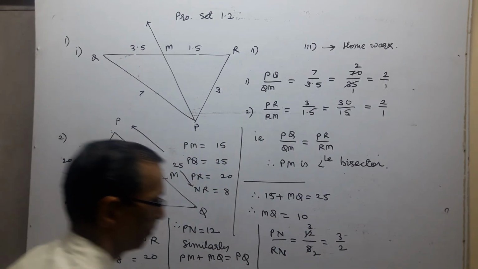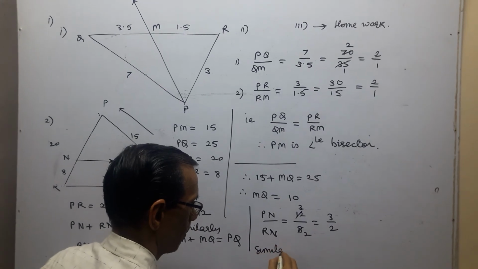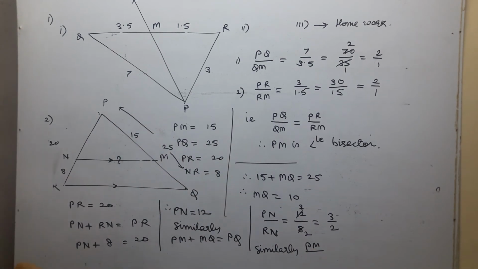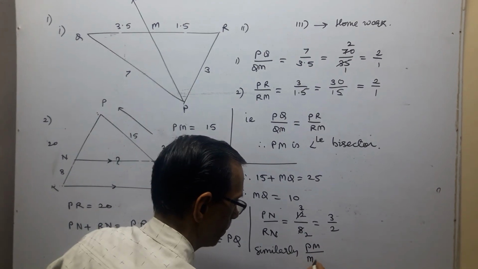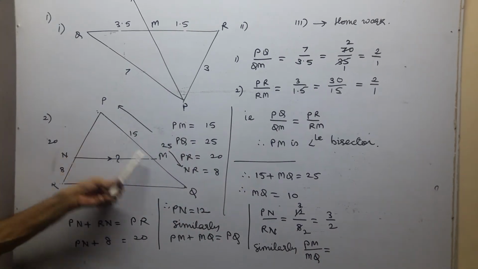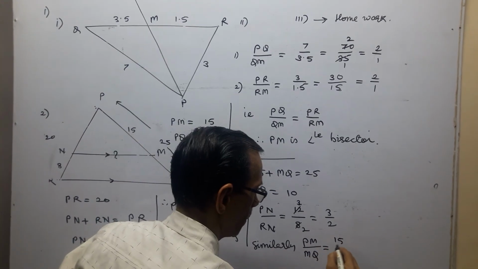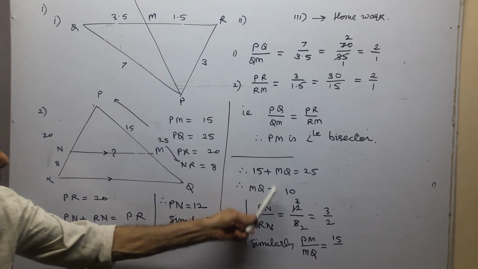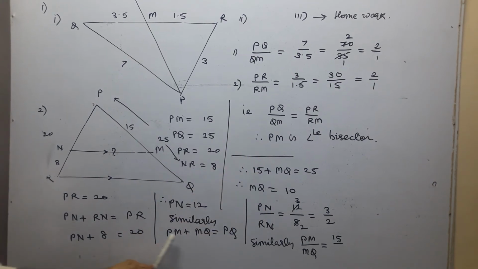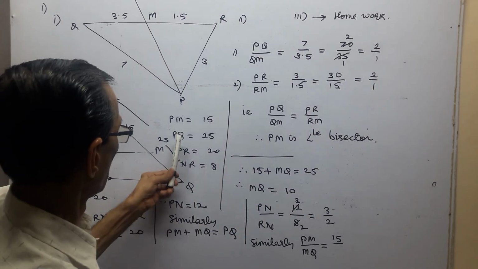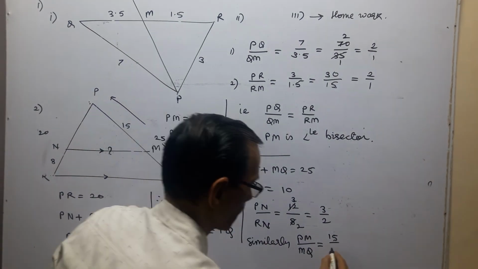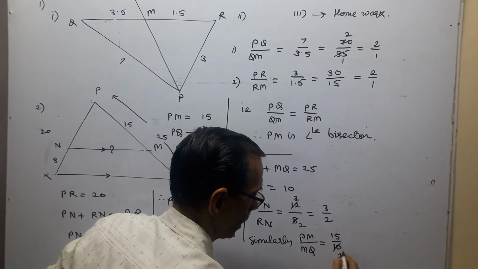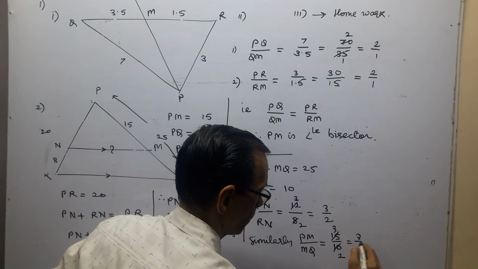Similarly, PM upon MQ is equal to 15 upon MQ, and we have found MQ is 10, and therefore once again it is 3 upon 2.